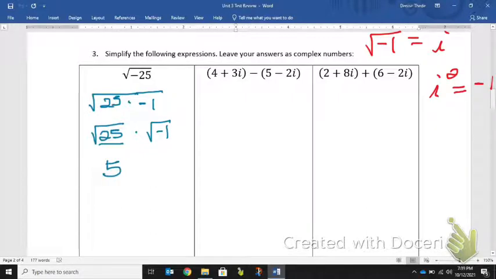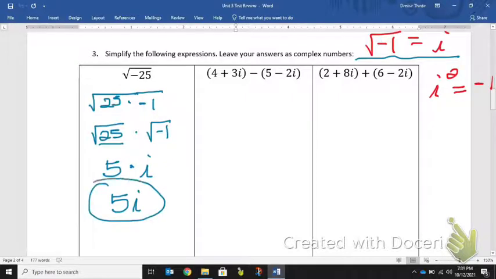And I also know times the square root of -1 over here is i. 5 times i is 5i. And that is your simplified answer.